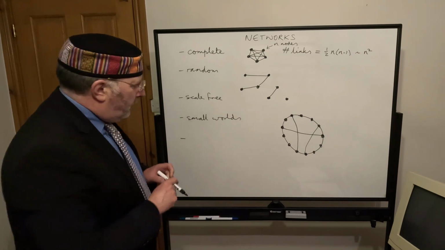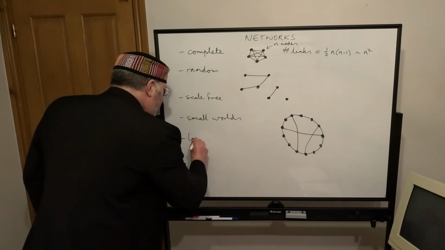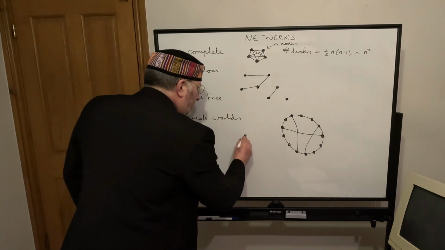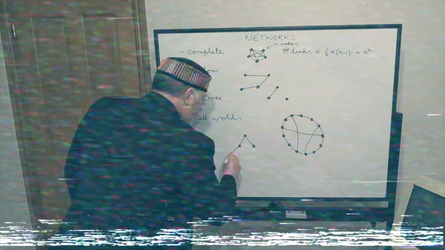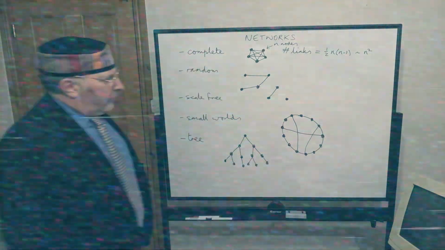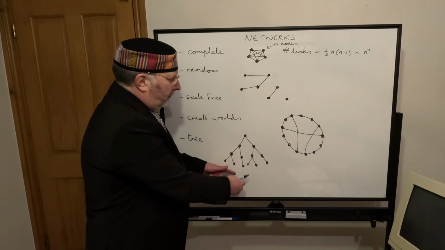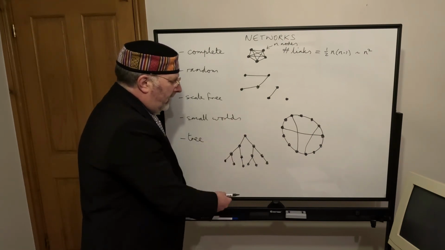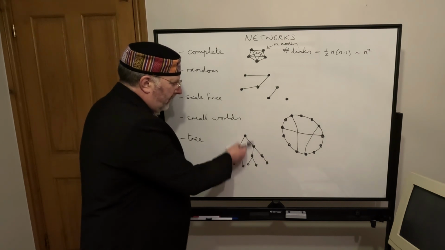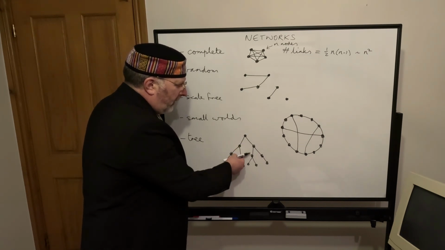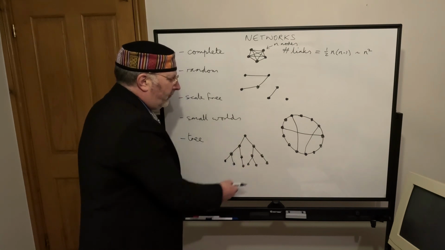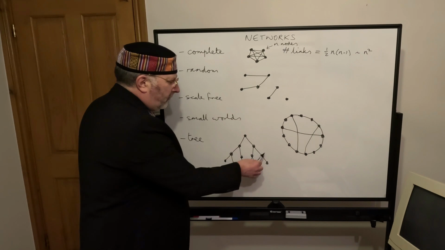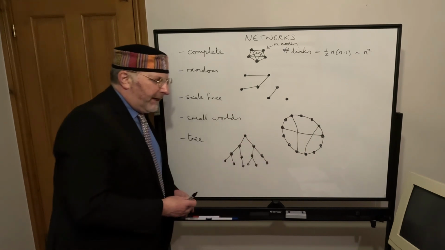And the last type of network that we'll consider is a tree network. So a tree network just looks like this. There are only forward links. It's like a genealogy or a hierarchy, or it's a tree because there are branches which end finally in leaves, but there's no going back on itself. There are no loops in a tree network.